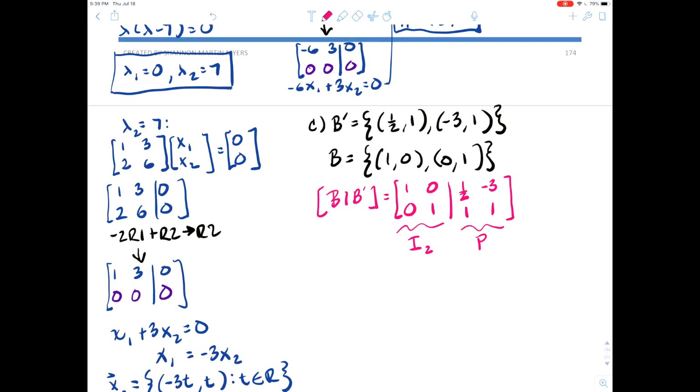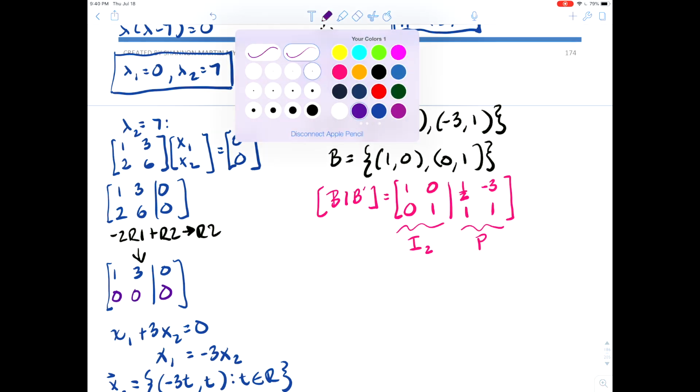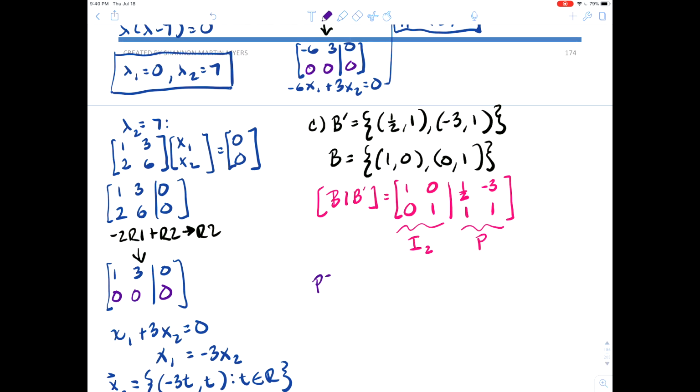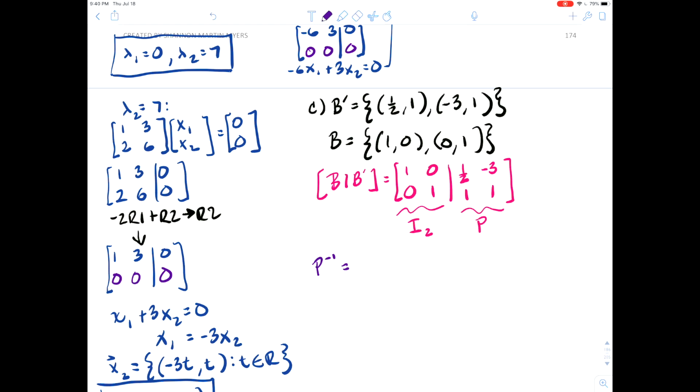Very good. All right, so P inverse, therefore, I'll do a different color for that. P inverse will be, remember, 1 over the determinant of P times, so we'll have 1 over 1/2 plus 3, which would be 7/2, I believe.